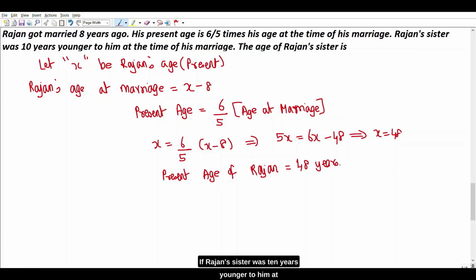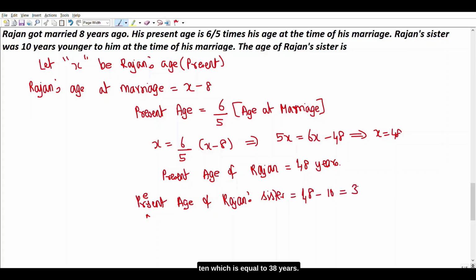If Rajan's sister was 10 years younger to him at the time of his marriage, even at the present situation, Rajan's sister will be 10 years younger to him. Therefore, we can easily say that present age of Rajan's sister is equal to 48 minus 10, which is equal to 38 years.